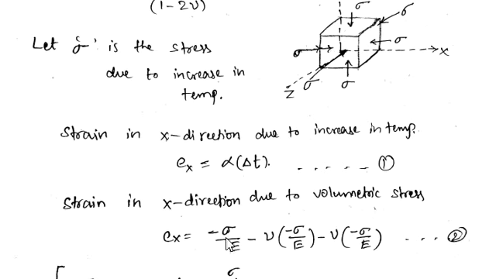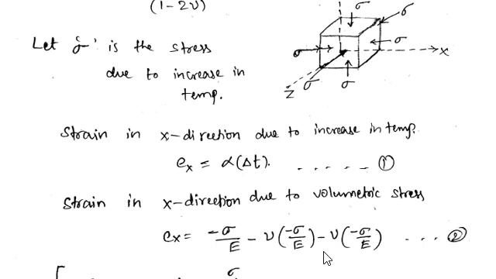And there is also an effect on strain in x direction because of the stress in y and z directions, so that effect will be negative, and the amount of strain will be Poisson's ratio times the strain in that particular y and z direction.